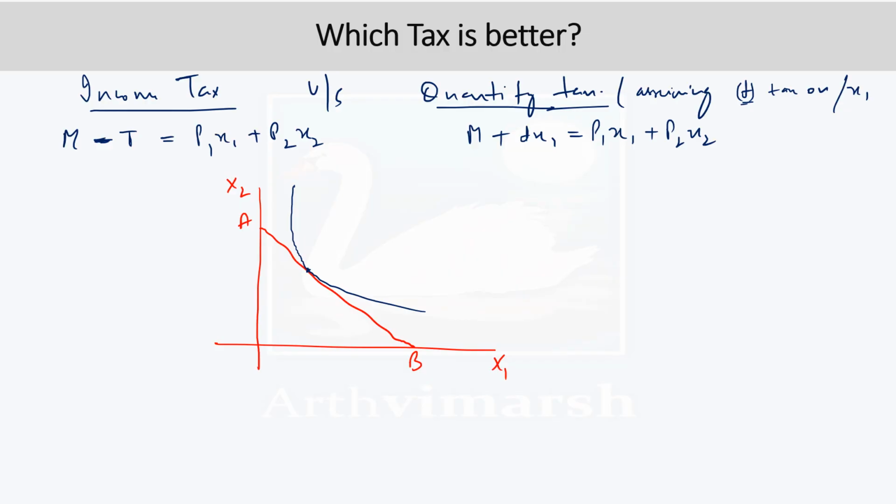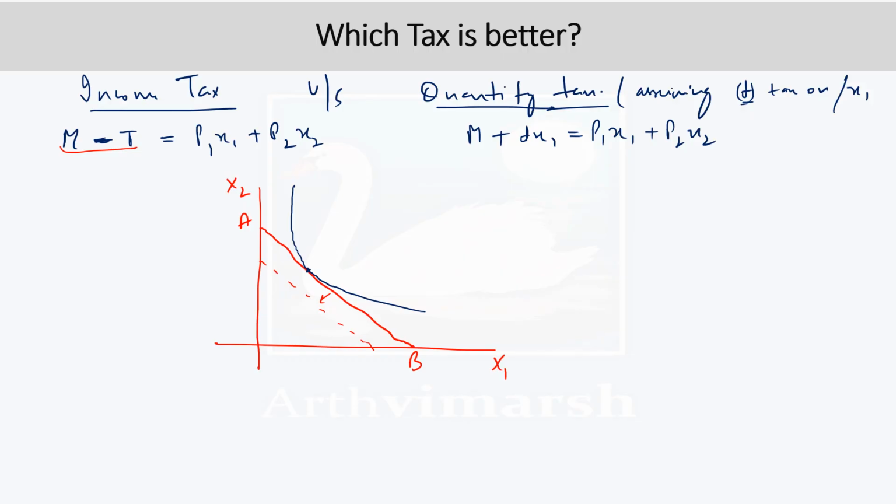And now what happened when the income tax was there as a consequence of this? So your budget line basically shifted back, right? Your m minus t basically. So this shifted, right?